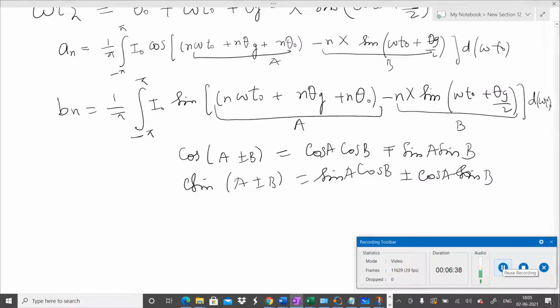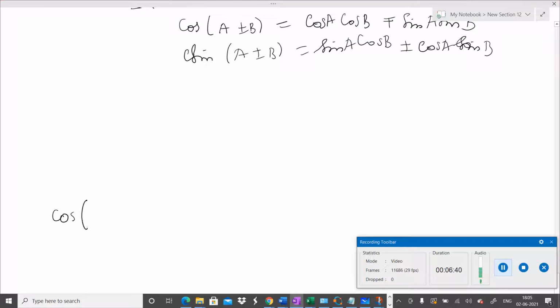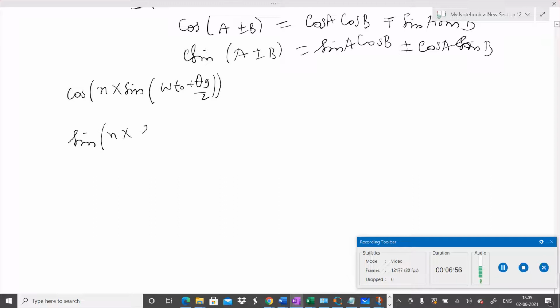One is cos of nx sine of omega t naught plus theta g by 2, and the other term is sine of nx sine of omega t naught plus theta g by 2.